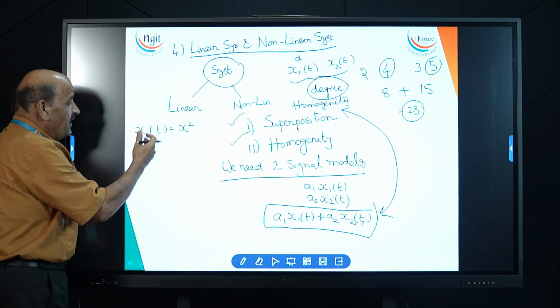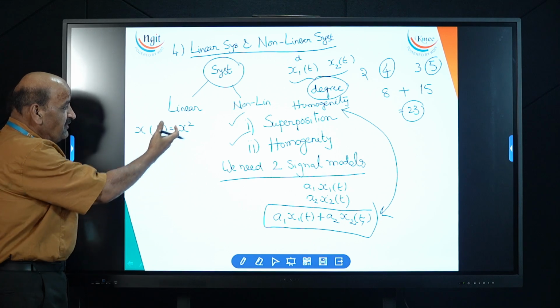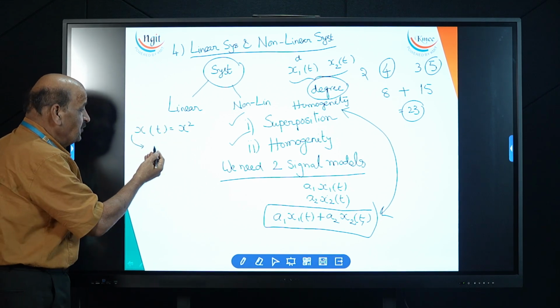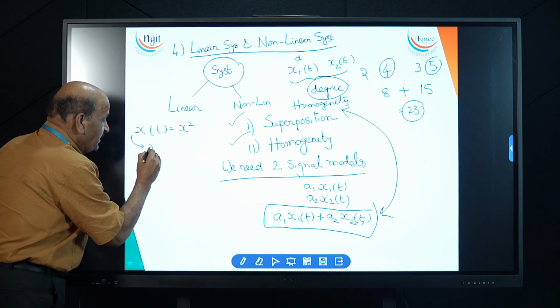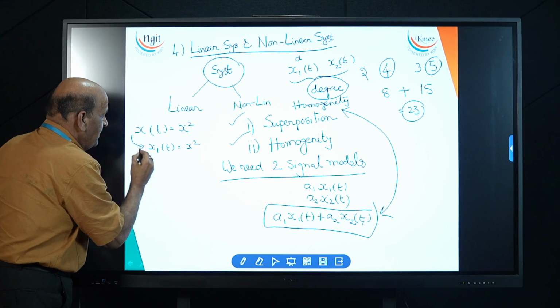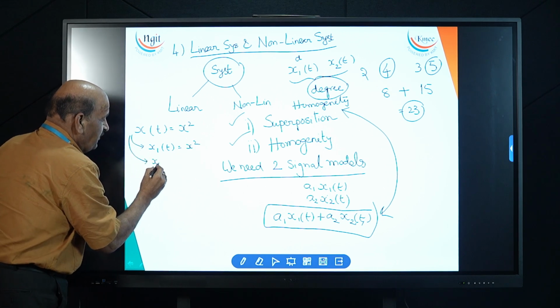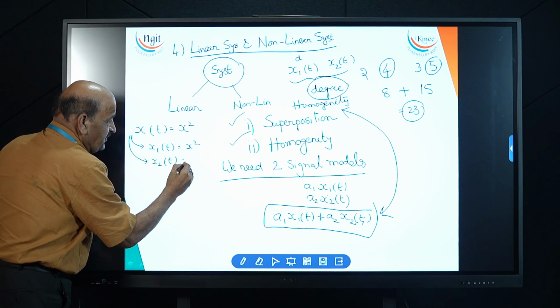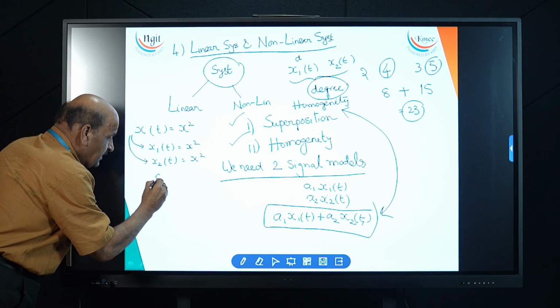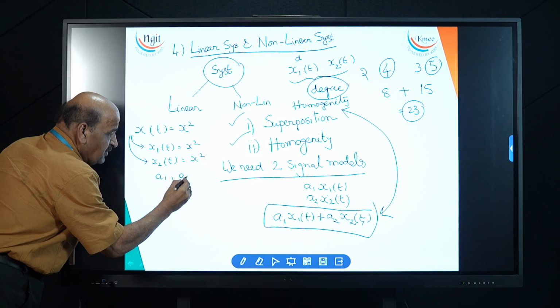Now just look at the given signal, x of t is equal to x square. As a first step, you have to create two signals. x1 of t is equal to x1 square, and the second one, x2 of t is equal to x2 square. Now let us assume two constants, a1 and a2, non-zero.